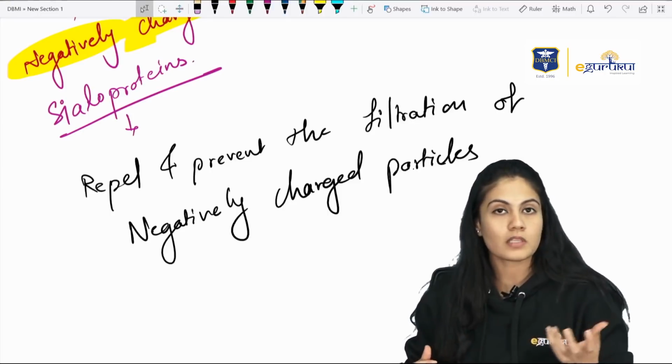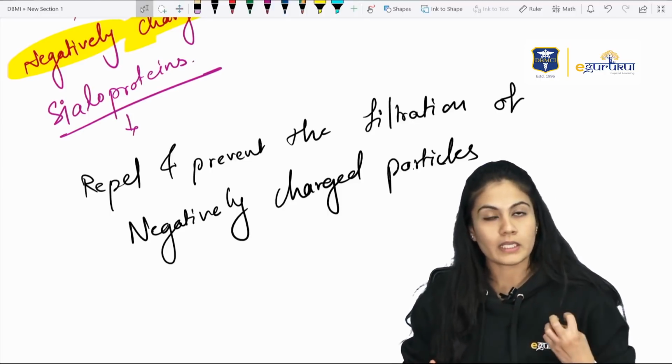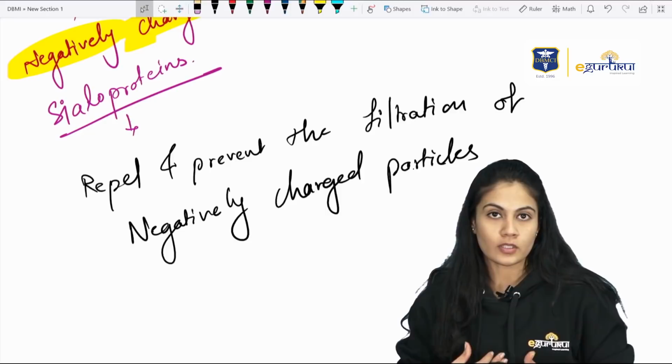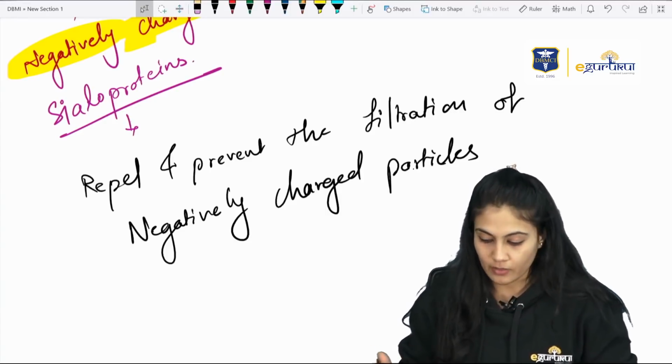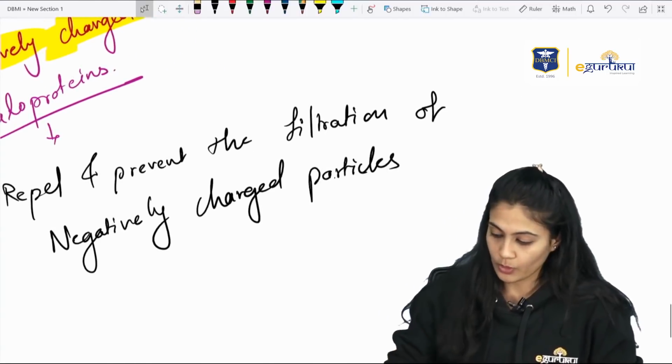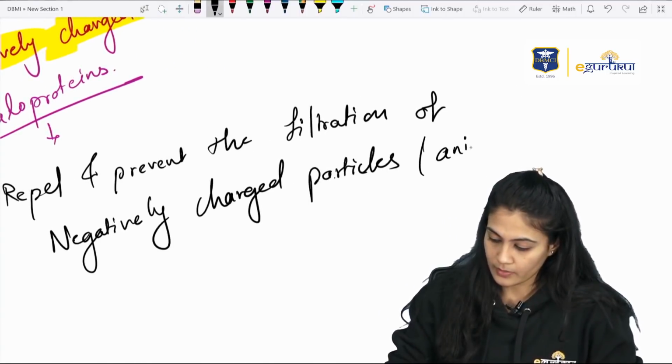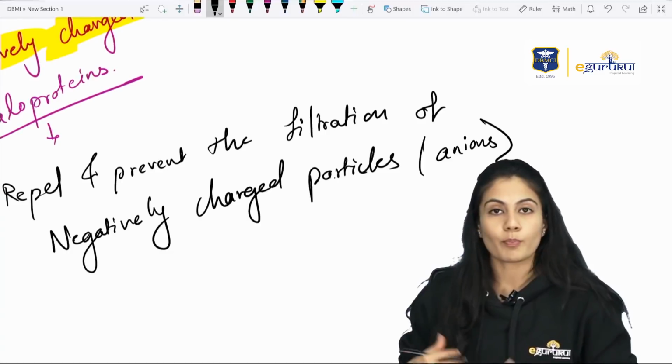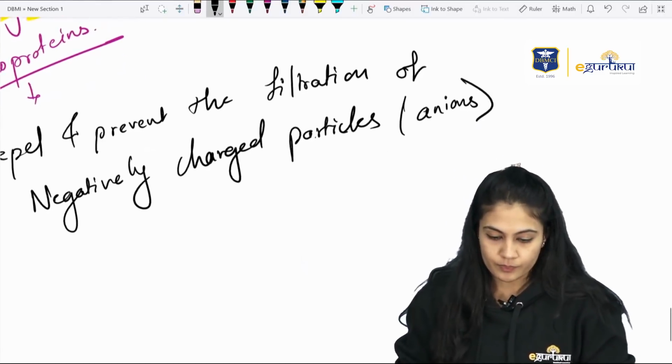Obviously, negative repels negative, and they make it easy to filter the positively charged ions, which are known as cations, right? What we are talking about here are the anions. So they are going to repel the anions, right?